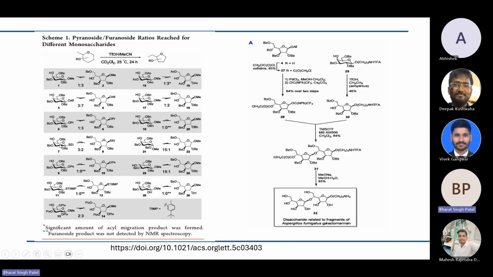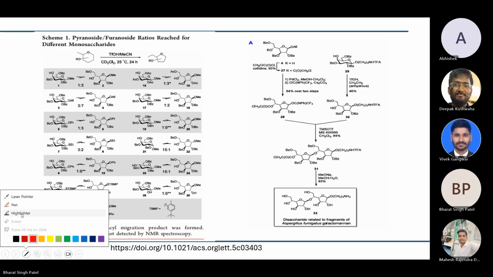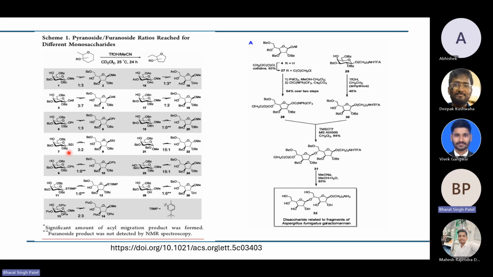But in case of 7, this thioglycoside, in that case 40% conversion was there, and compared to 1, 3, and 5, when they came to the O-phenyl or this protecting TBMP, in that case there was no product formation of the furanoside, even though the protecting group was the same.